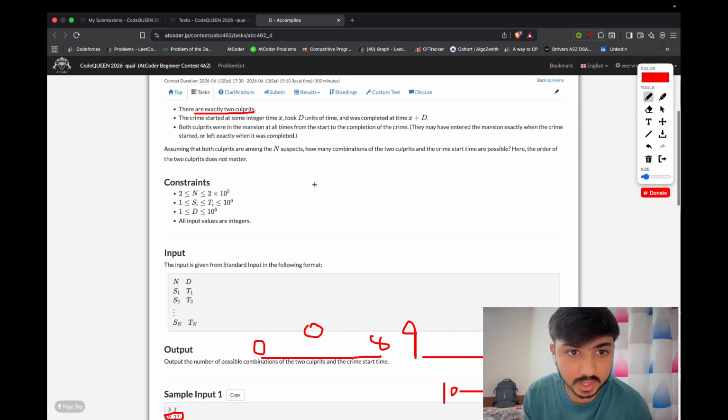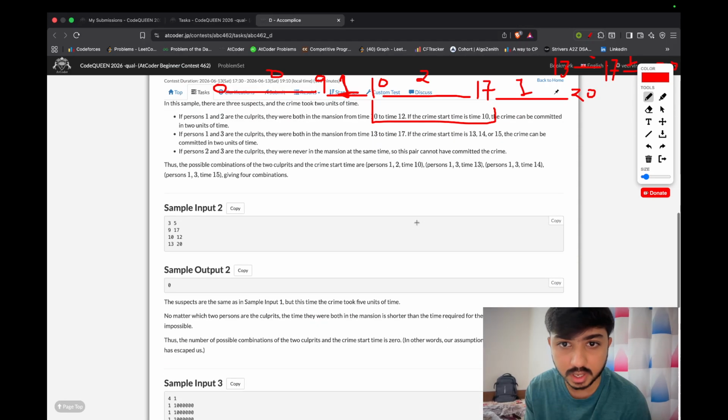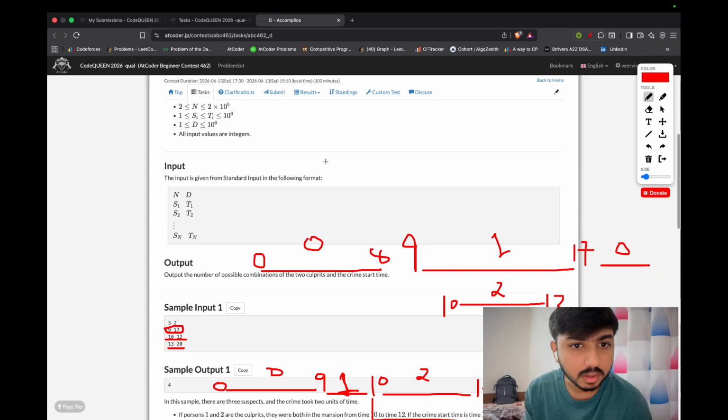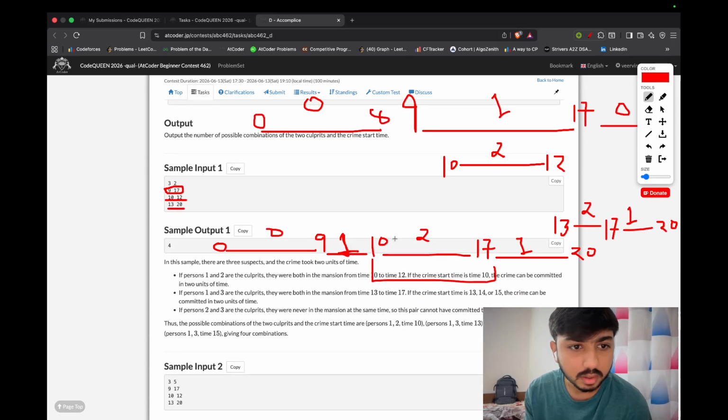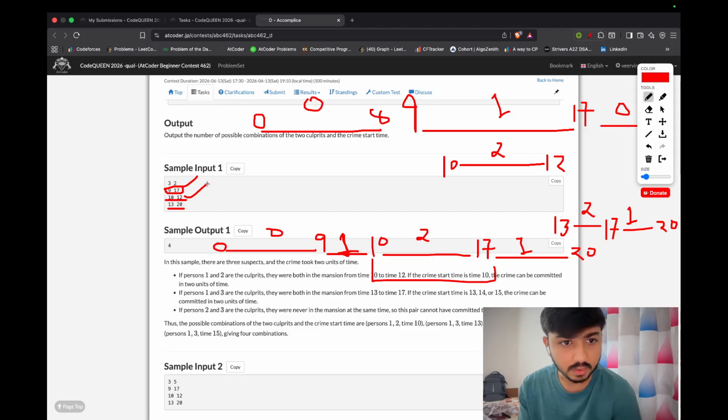And the crime lasts D units. So what we'll do is, how many culprits can we have in total? There are 10 to 17, and there are two intervals which lie here, 9 and 17, 10 and 17.